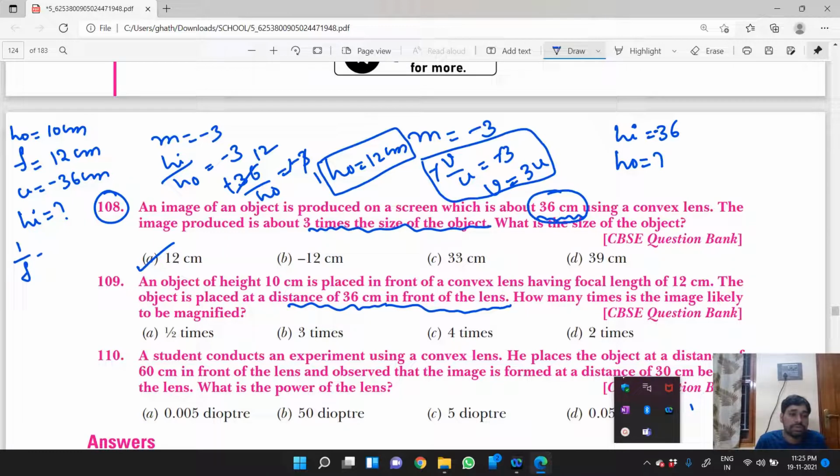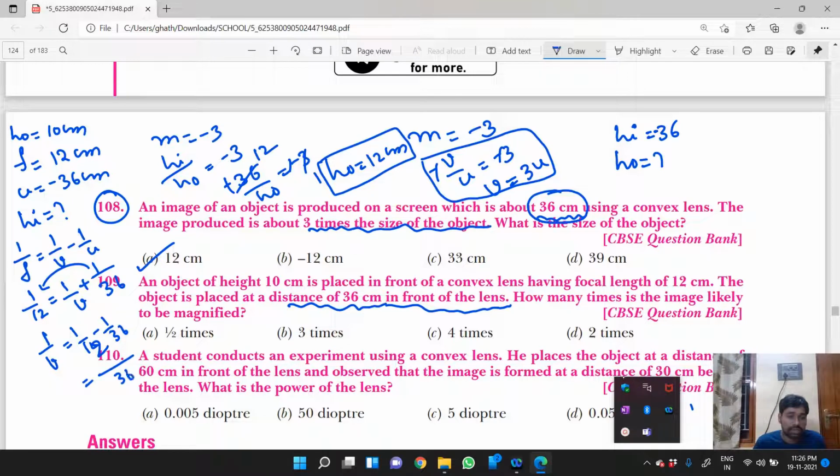1 by f is equal to 1 by v minus 1 by u. 1 by 12 is equal to 1 by v, minus of minus object distance becomes a positive 1 by 36. This 36 will come to this side, then 1 by v is equal to 1 by 12 minus 1 by 36.